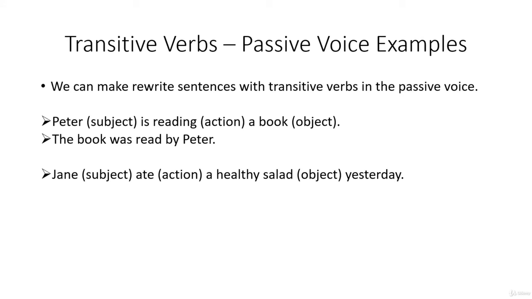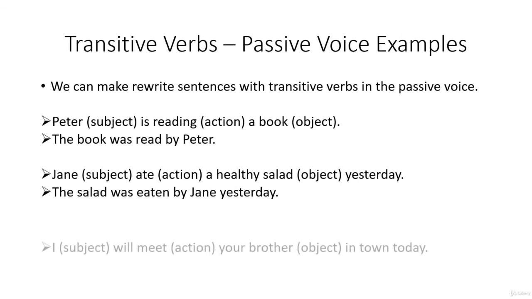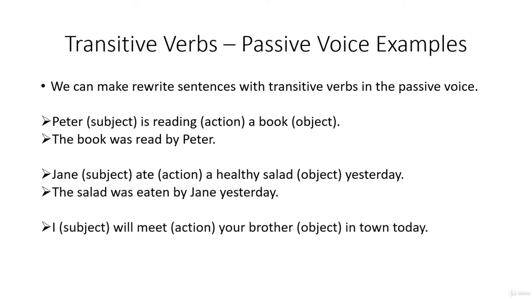Jane ate a healthy salad yesterday. There's the active voice. The salad was eaten by Jane yesterday is the passive version of that. Or, I will meet your brother in town today. If we wanted to put that in the passive voice: your brother will be met by me in town today.